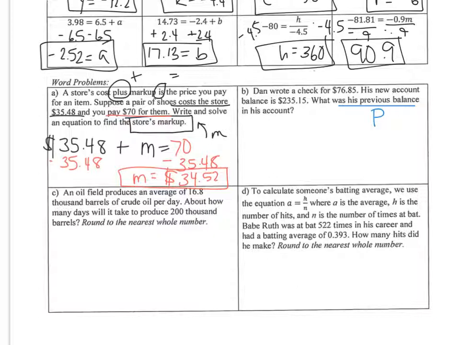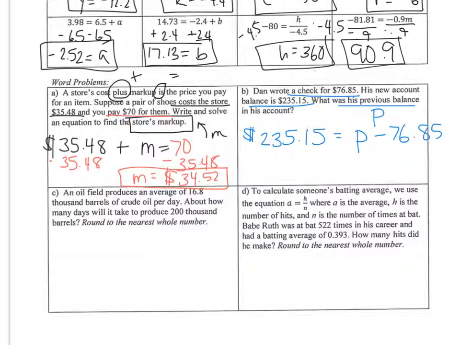So if you had $235.15 in your account and you wrote a check, that means that you started out with P and you wrote a check means you subtracted $76.85. So we knew he had more money than $235.15 because he started out with more money to write a check.